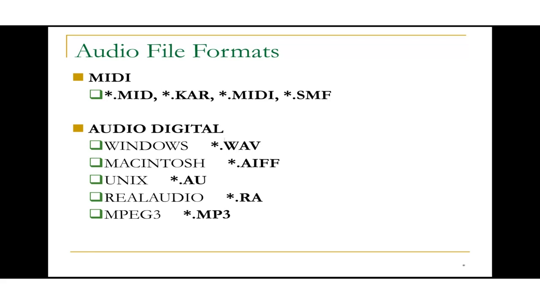But of course, we have several others also from other operating systems. So with the Mac, there is .aiff. In Unix, they have .au, etc. And of course, there's this one which is very popular, the MP3 file extension.